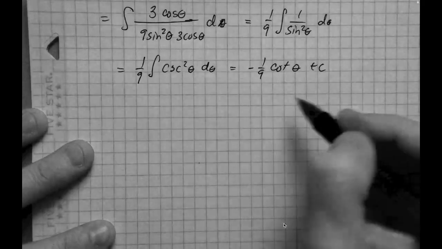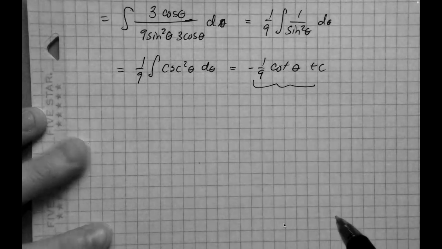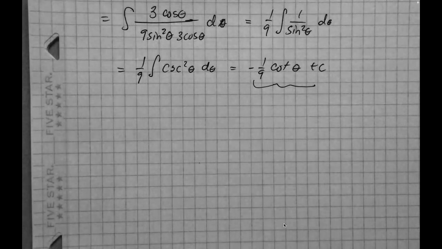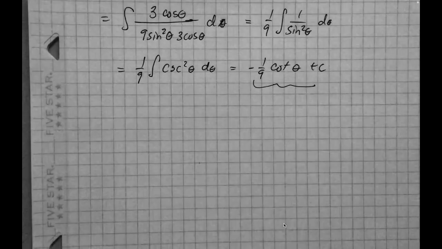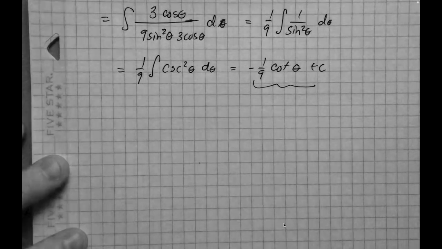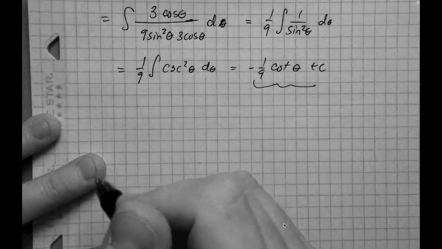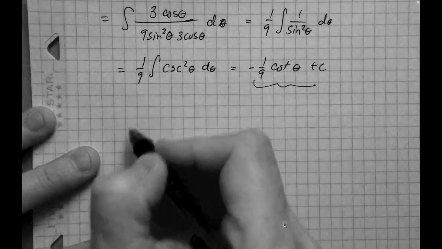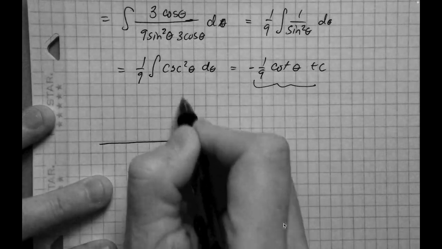Now, if we're sitting with this, how do we get back to the expression? Because this is all substitution. We need the result of the integral to be something that involves x's and whatnot. So how do we get back to that? Let's recall the triangle that we were just looking at.